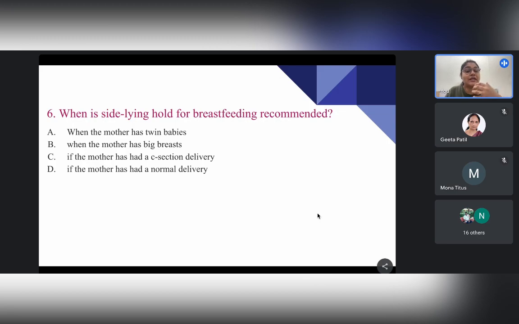Breast crawl is an instinctive phenomenon from the child's part, right? Say if the mother is not able to actively breastfeed the child, but you put the baby on the mother's stomach, then you can very easily observe that this phenomenon of breast crawl is very much existent, where the baby knows where to go and how to latch and start the first breastfeeding, right?